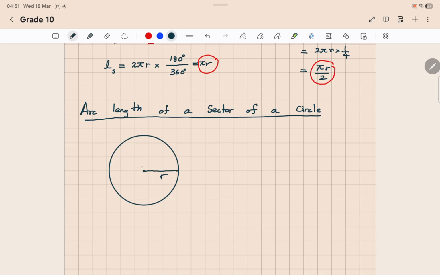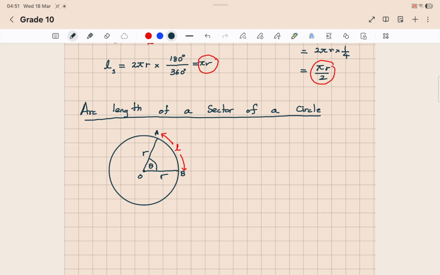So this is radius r, and let's take this angle as theta, and this length is what we want to find. This is the arc. So let me label O, A, B. We want to find the AB arc length. I label it as L, right?